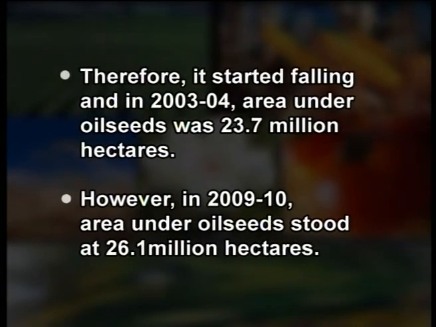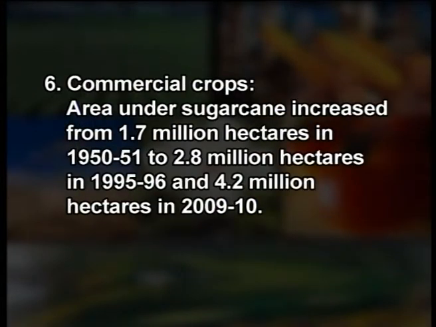Thereafter it started falling, and in 2003-04 area under oilseeds was 23.7 million hectares. However, in 2009-10 area under oilseeds stood at 26.1 million hectares. Sixthly, commercial crops. We find that the area under sugarcane increased from 1.7 million hectares in 1950-51 to 2.8 million hectares in 1995-96 and 4.2 million hectares in 2009-10.